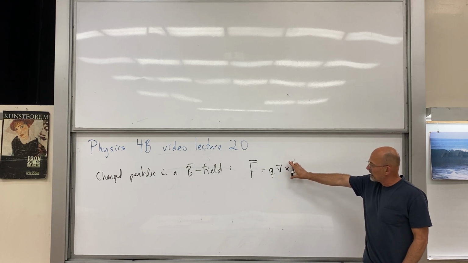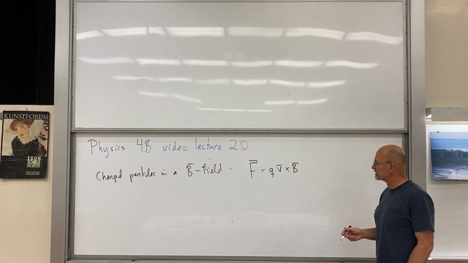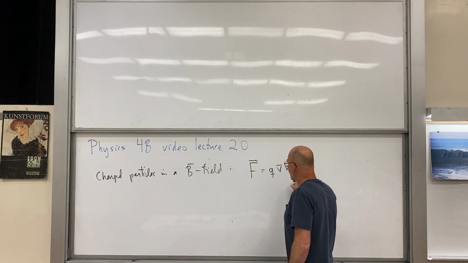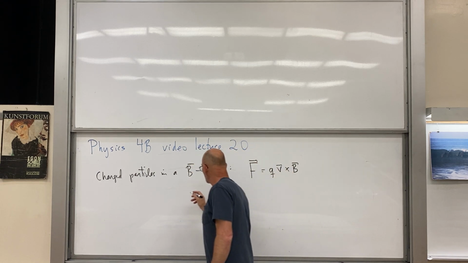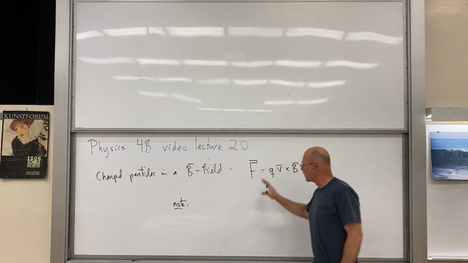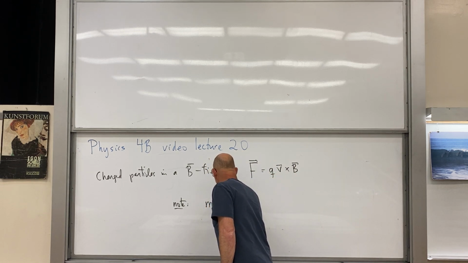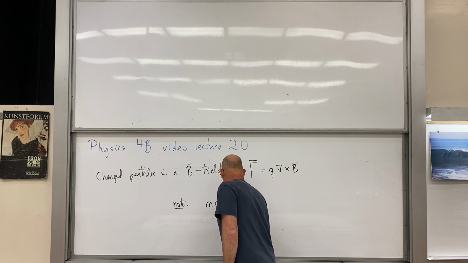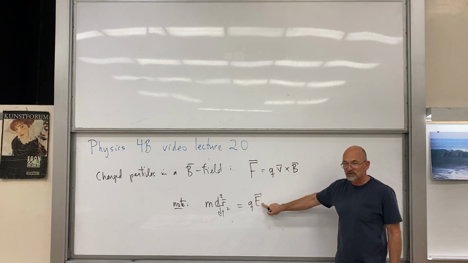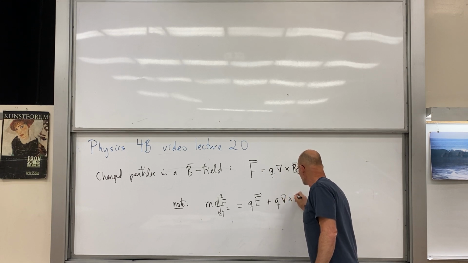But what we found was with a uniform magnetic field, we can get these circular orbits, a circular motion. Okay, so there's the force. And as a note, if you're doing Newton's law for the forces on a charged particle, we had mass times acceleration equals the force due to the electric field, and now we have the force due to the magnetic field.